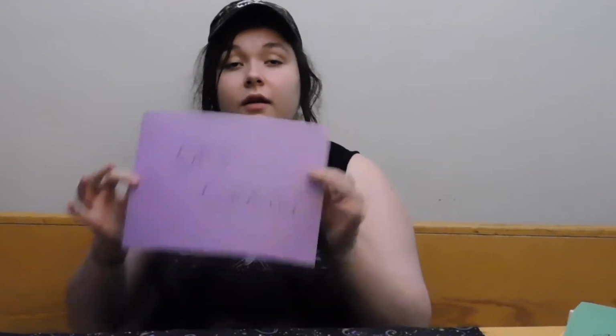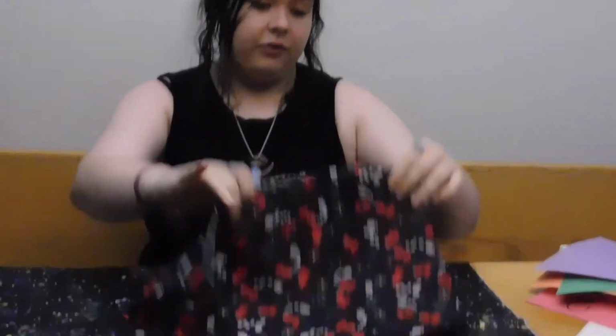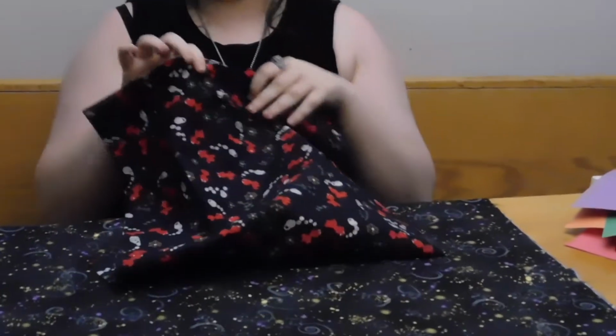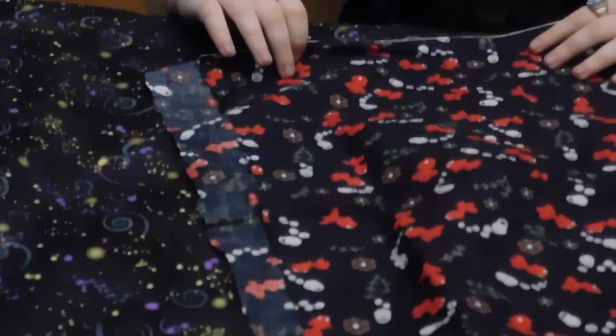The last thing we are going to talk about definitions-wise is off-grain. Now, what is off-grain, you may ask? Well, off-grain fabric, here is a wonderful example, is fabric that had a weird production error to where it wasn't woven right. The way you can tell if it's off-grain is if you line up the two selvage edges, and it looks something like this.